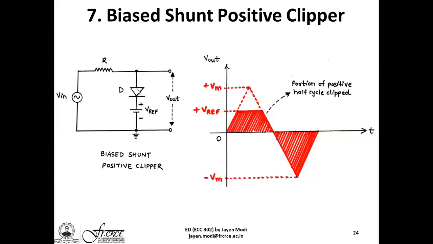So once the diode completely turns on, you have the entire battery appearing across the output terminals, due to which the entire Vref appears across the output terminals as it is. You here see that a small portion of the positive half cycle is being clipped. By changing the DC battery reference level voltage, you are easily able to change how much of the positive half cycle you want to be clipped.